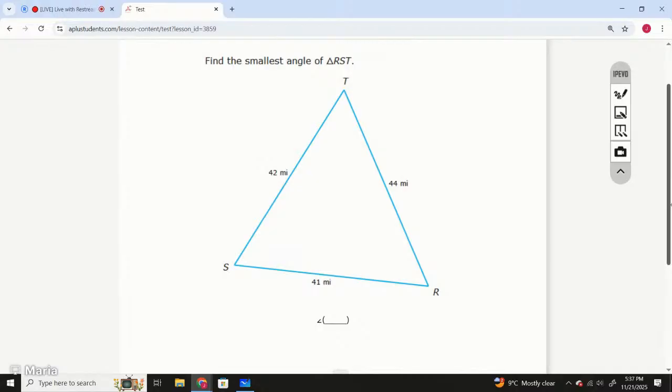Find the smallest angle of triangle RST. So the smallest length is 41. The angle opposite the smallest length is T. So T will be the smallest angle.